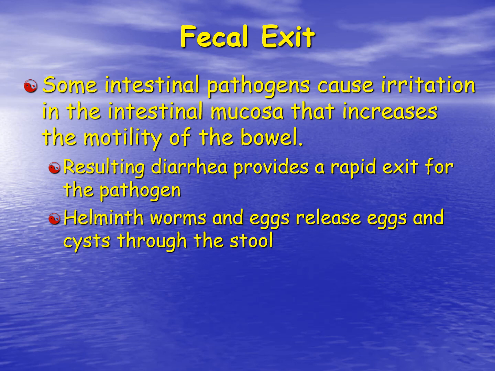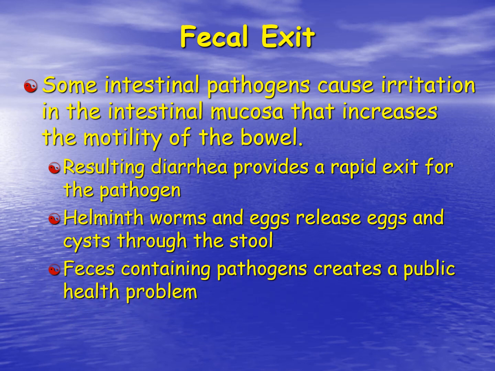Sometimes the diarrhea is actually clearing the infection from the body. Oftentimes, our helminths will have their eggs or larvae released in the stool to be picked up orally by someone else. And the feces that contain pathogens create a huge public health problem, especially in contaminated food and or water.